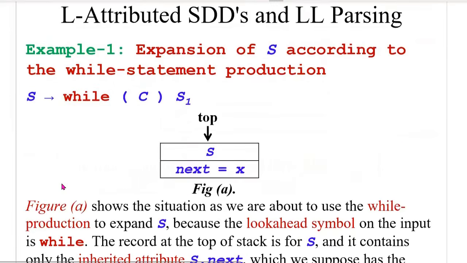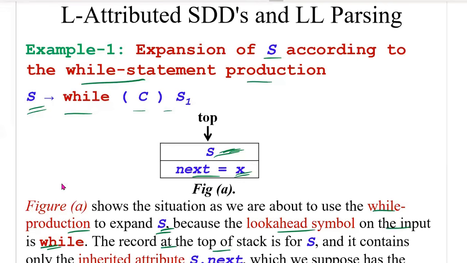Okay, now let us see the same while condition, expansion of S according to the while statement production. S goes to while C S1. So now in the stack representation, first S, the left hand side head, will be on the top of the stack. Then below this one, next equal to X. This figure shows the situation as we are about to use the while production to expand S, because the lookahead symbol on the input is while.